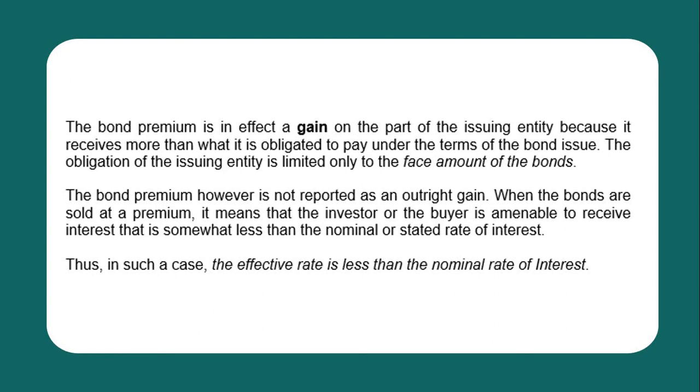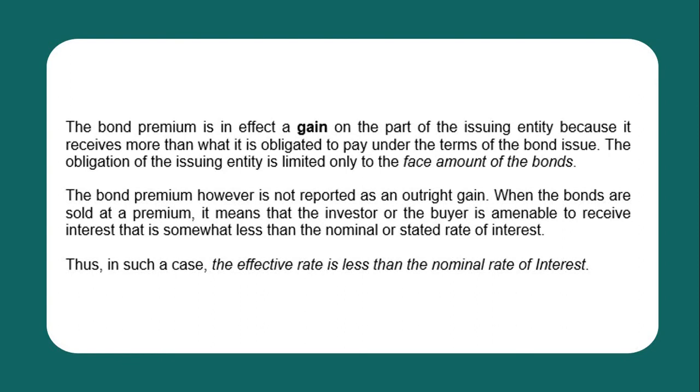Rather, it means to say that the investor is willing to receive in the future an interest that is less than the actual interest. Okay, that is less than the nominal or stated rate of interest. Thus, in such a case, the effective rate is less than the nominal rate of interest.